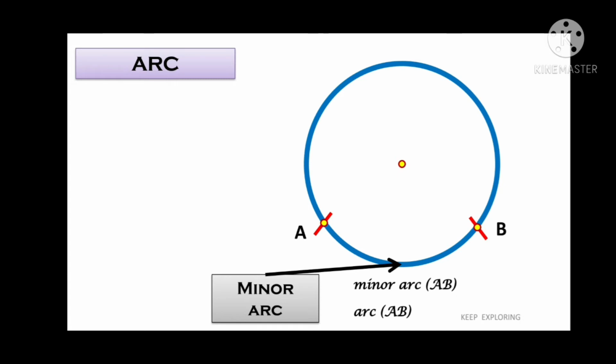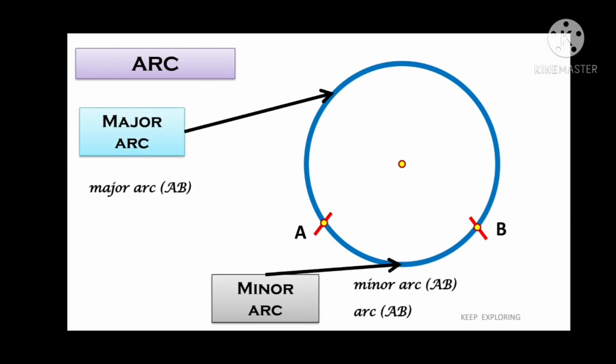So for a minor arc, we can write only arc AB or mention it like minor arc AB, according to the points it has. Similarly, for a major arc, you can write major arc AB, the same way as for the minor arc. Now to name it another way, to avoid confusion, we take one more point on the major arc, let it be C, and we can name it arc ACB.